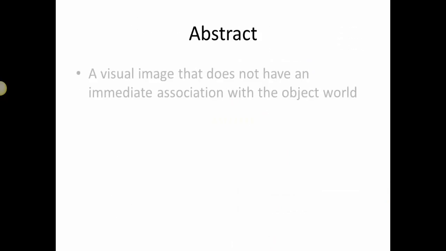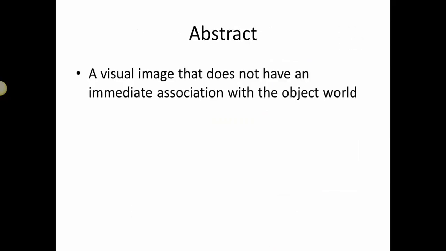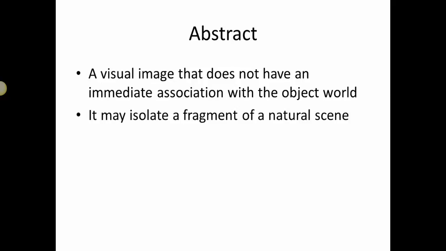The first is abstract. What are the characteristics of abstract photography? Well, it's an image that doesn't really look like it belongs to something specific. It's either created in such a fashion that it looks not like something real, or in some cases it may be just a portion of something and it looks a bit abstract.